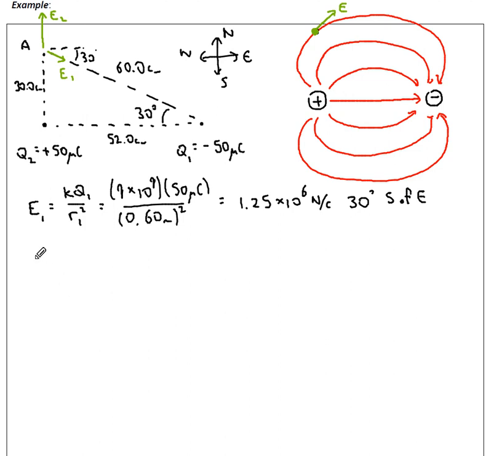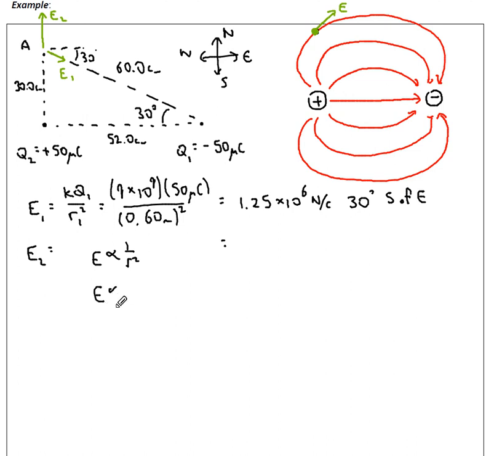If I now solve for E2, it's the same top, so 9 times 10 to the 9 and 50 times 10 to the negative 6, but the distance is half the distance. So I could just use proportional reasoning to solve for that as well. The field is going to be 4 times stronger because E is proportional to 1 over R squared.